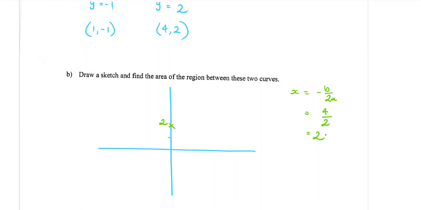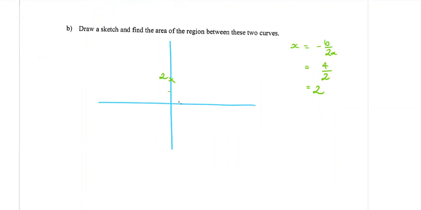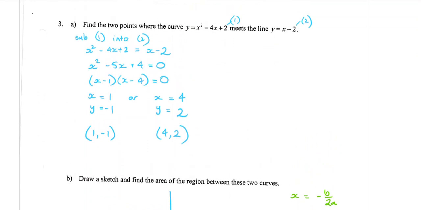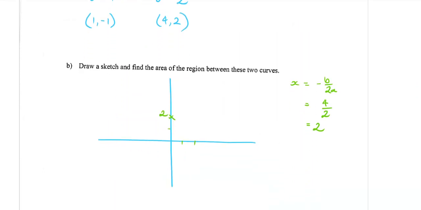So it'll be at x equals 2. If x equals 2, sub 2 back into the parabola here to find out the y value, and we'll have our point. Is it negative 2? All right, so that means y equals negative 2. So (2, negative 2) down here. My parabola is coming up like that. I'm not going to bother finding the x-intercepts because it's not really going to help me.